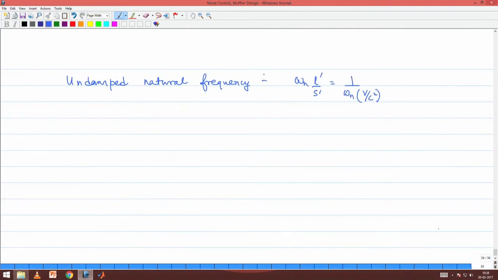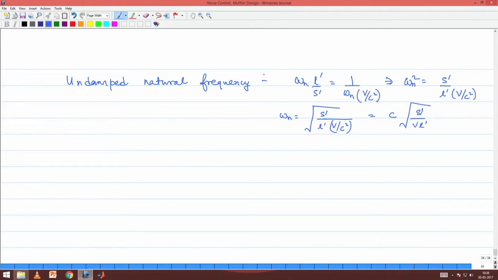So, that would mean omega n squared is S' by L' V by c squared, which means omega n is c times the square root of S' by V L'.